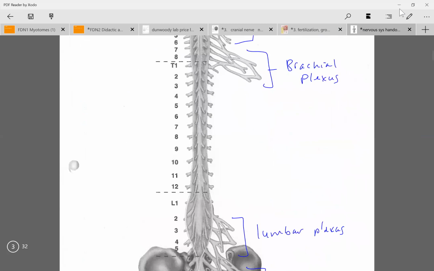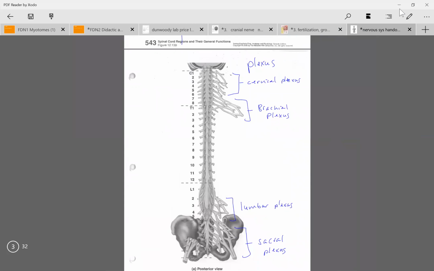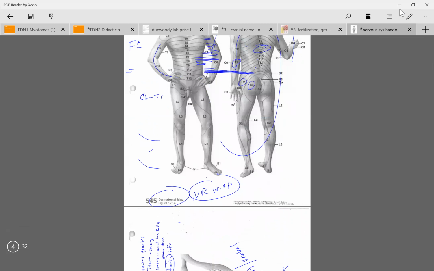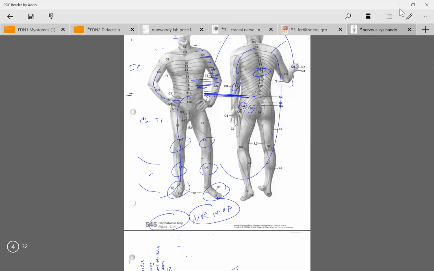You have to visualize the spinal cord, which is all this, and what level is this information going in? It's level appropriate. So if your foot is experiencing something, C7 is not level appropriate. Level appropriate would be your dermatome map here. That's the area it's going in through the foot into the spinal cord. You're going to hear me say that quite a bit.